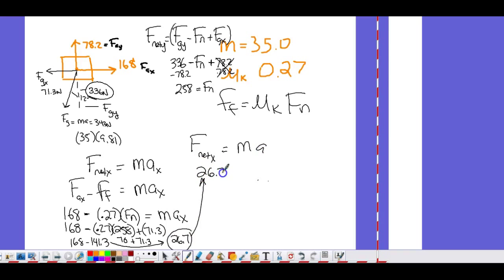So we get 26.7 equals 35 times A. Divide both sides by 35, and we will get acceleration equal to 0.76 meters per second squared. And that should be the correct answer. And that's how you solve that one, by using the original problem number 1, and that's good.